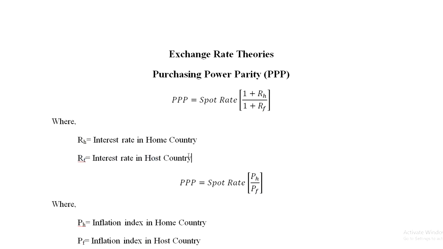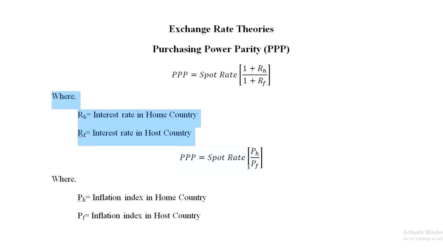This is the first formula, and the second formula is PPP equal to spot rate into PH divided by PF. P stands for inflation index, and H stands for home country and F stands for host country: inflation index in home country and inflation index in host country.